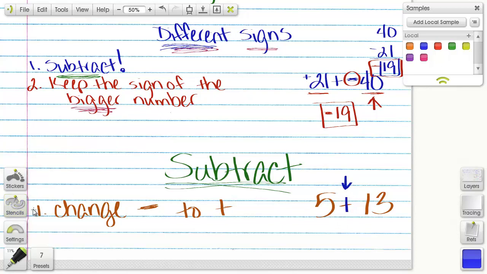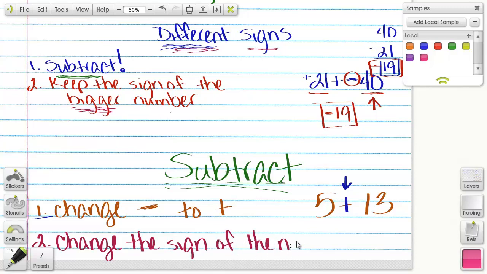That's step 1. Step 2 is change the sign of the next number. So now I have 5 plus negative 13.